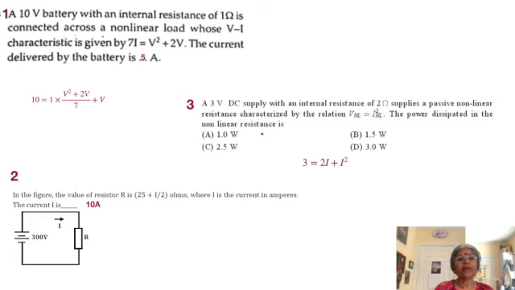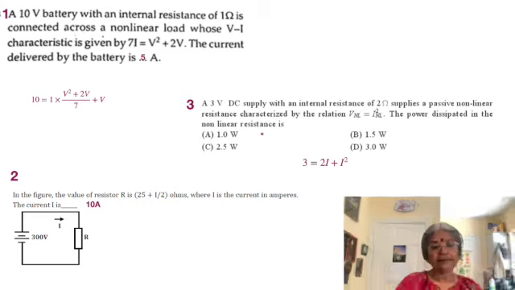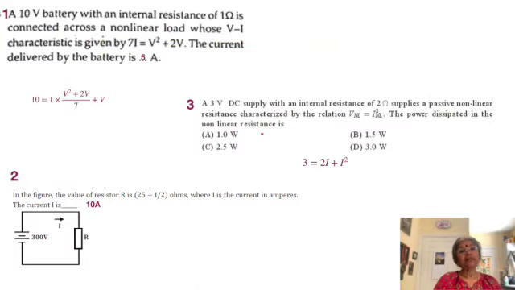Because the whole setup is in series, we have the 10-volt battery with its internal resistance in series with the nonlinear resistance, which has a current given by its voltage-current relationship I = (V² + 2V)/7. Now we can write the equation: the applied voltage 10 is equal to the two drops, one over the linear resistance and the other over the nonlinear resistance.